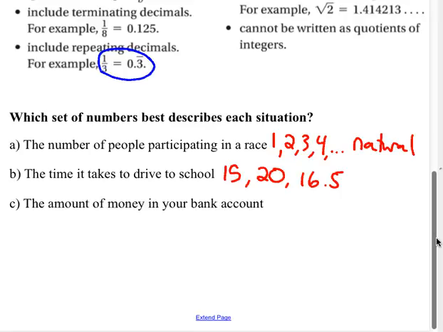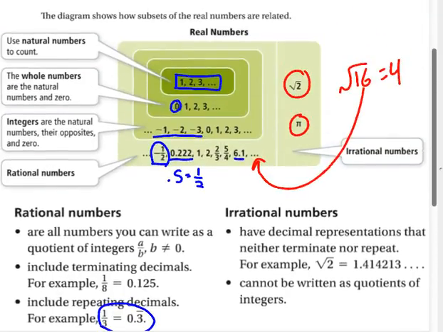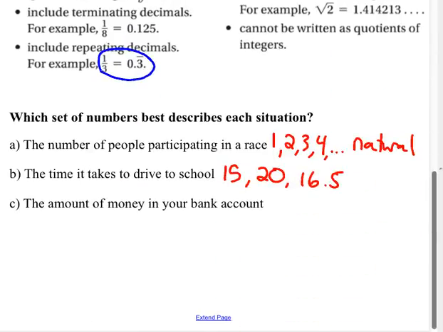So where do I have to go in my number set here to include fractions? Well, fractions don't come in until down here. They don't come in until the rational numbers. So I am going to call this a rational amount, because I need decimals and fractions for the possibility that it's not going to be just a whole number amount of time.